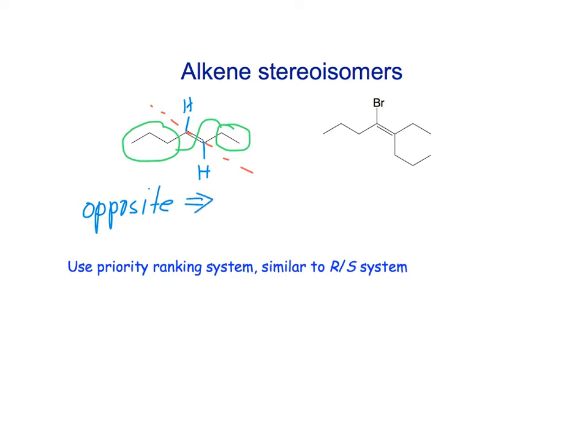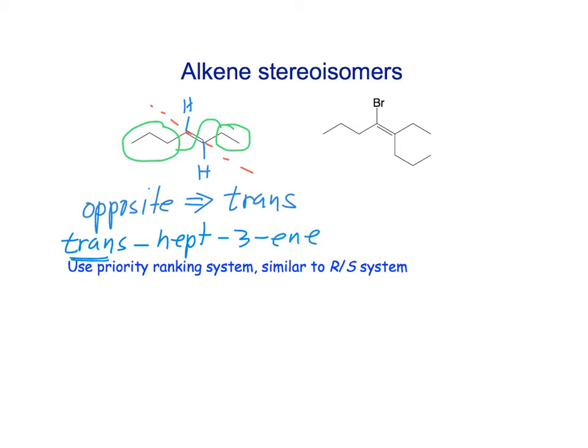and so we call this, just like we did with rings, trans. So this molecule would be trans-hept-3-ene. All right?